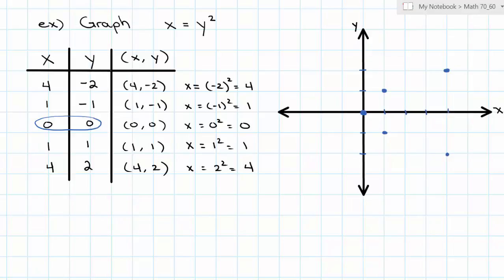Now let's connect these points. Let's make sure we extend our graph all the way to the ends of our graph. Draw arrows at the end. Let's label our points.